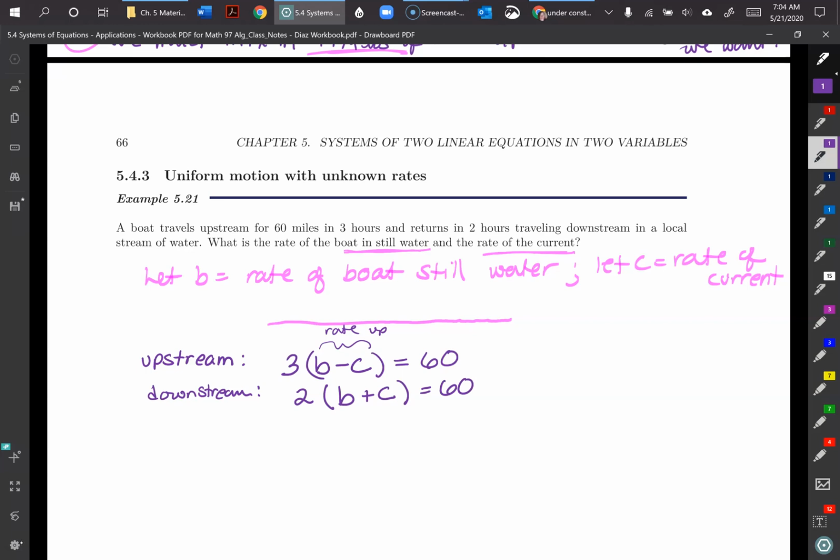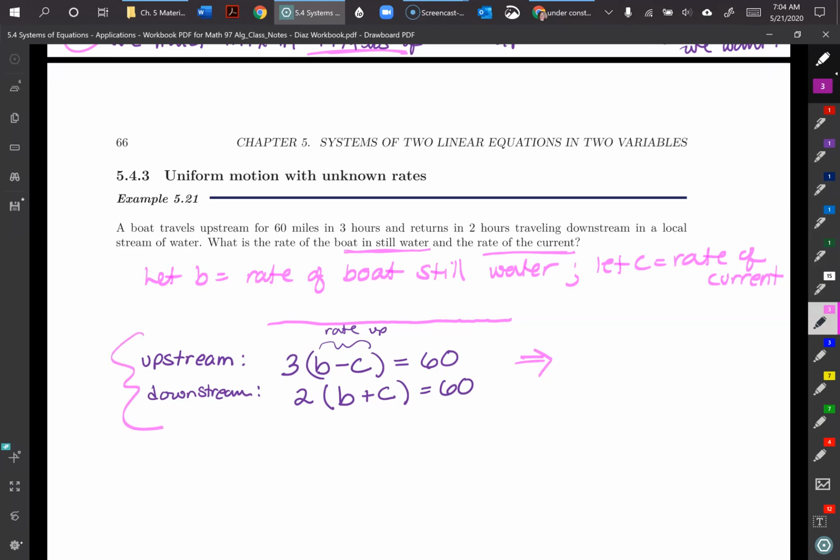So now we can distribute and work with these, or one way to do it is just to divide first. I could divide both sides by 3 on this one, and that might be a nice route to go. That's not how I did it originally, but okay, that's my system.